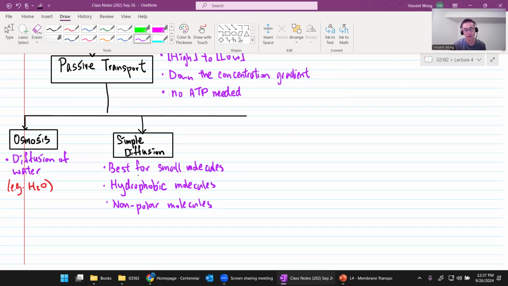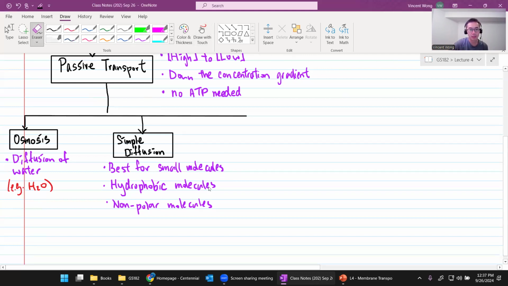Remember, the phospholipid bilayer has a thick layer of hydrophobic tails sandwiched in between. And so anything that's hydrophobic will have no problem crossing that.